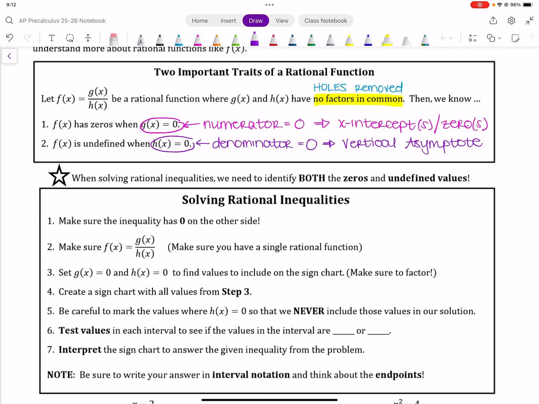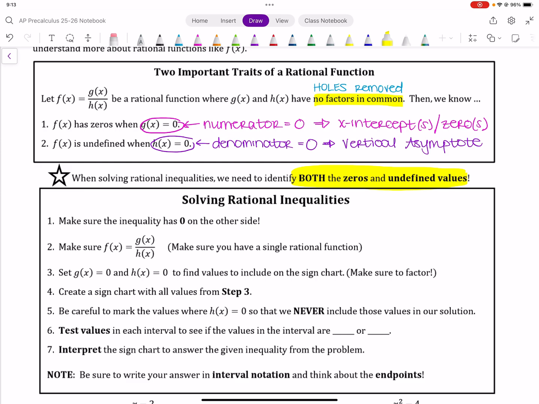So when our numerator and denominator equal 0, those are what are called our critical values. And when we are solving rational inequalities, we have to identify both zeros and our undefined values. So our zeros and our asymptotes are our critical values or our critical points.